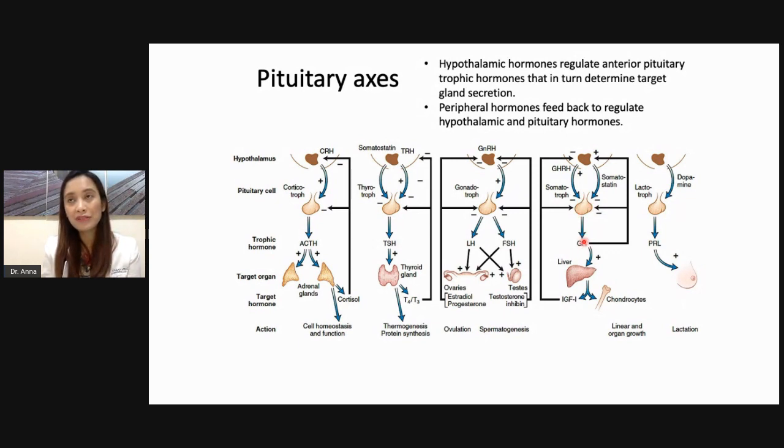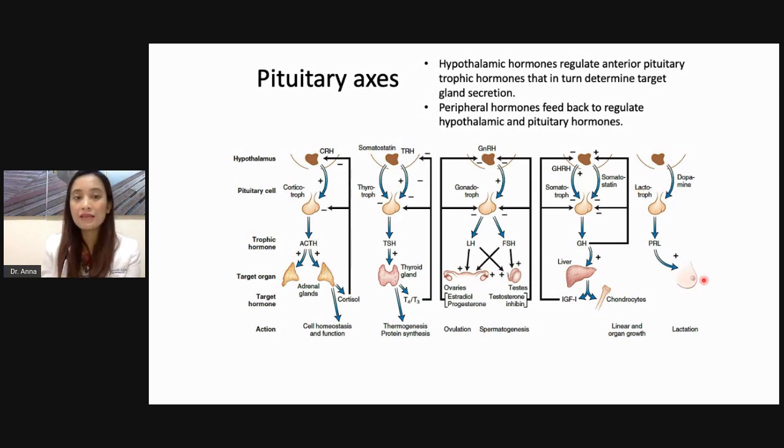Growth hormone doesn't have a specific target end organ or gland, but has multiple effects in different parts of the body, including your liver, bones, muscles, and even fat cells, to induce linear and organ growth and development. Please note that somatostatin also has an inhibitory effect on this axis.